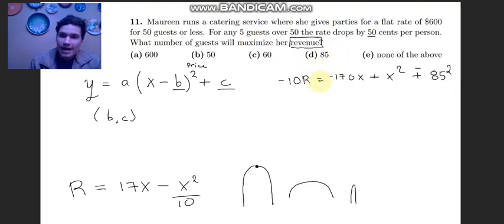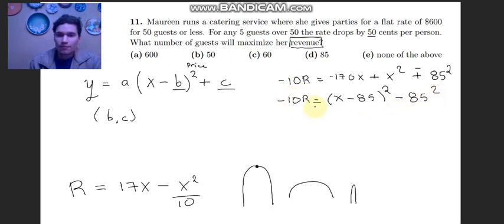Alright, the next thing is to apply it. Minus 10 revenue is equal to x minus 85 squared, and the one that is missing is the minus 85 squared.